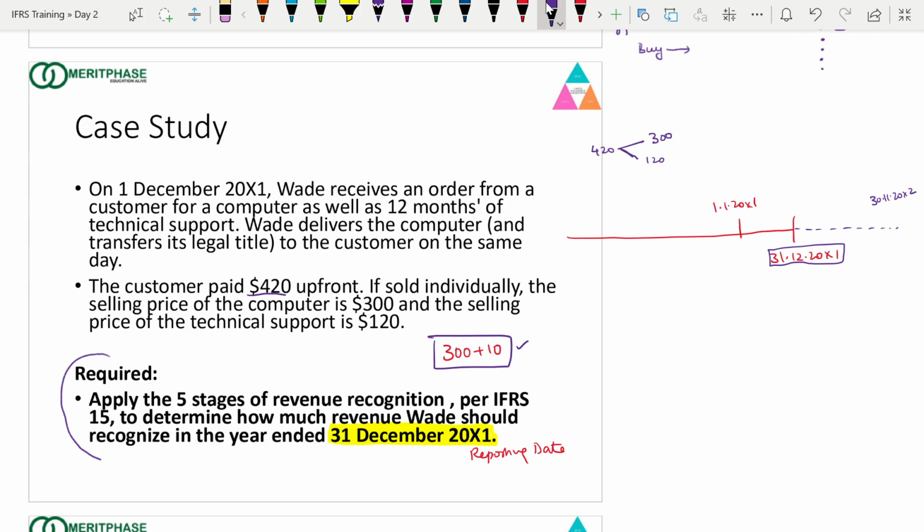If you are selling it, we have to make sure how much is for the unit and how much is for the service. The service will be divided over 12 months.